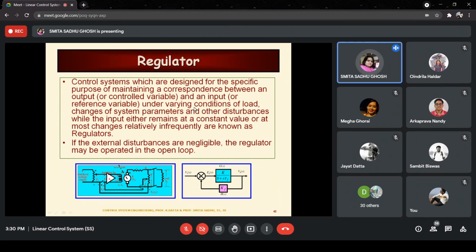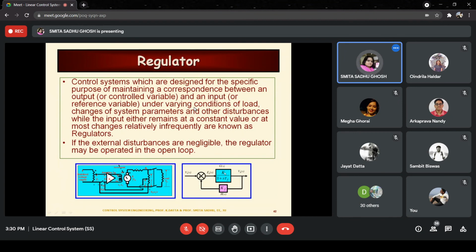Now as far as control systems are concerned, basically in control systems, whenever the system is designed such that there is a correspondence, or rather, let me just show you, there's a diagram over here. So this one over here, now I'll explain with the help of a block diagram. That's why I was just trying to go to the previous slide, but it's here, no problem. So now let us say we have a system which is like this.